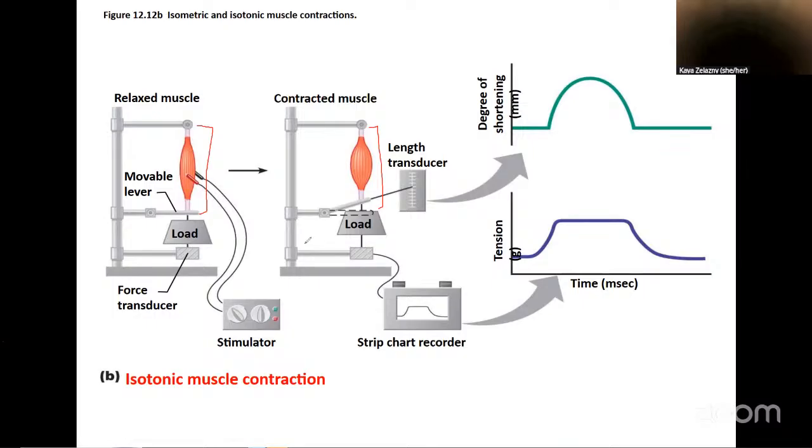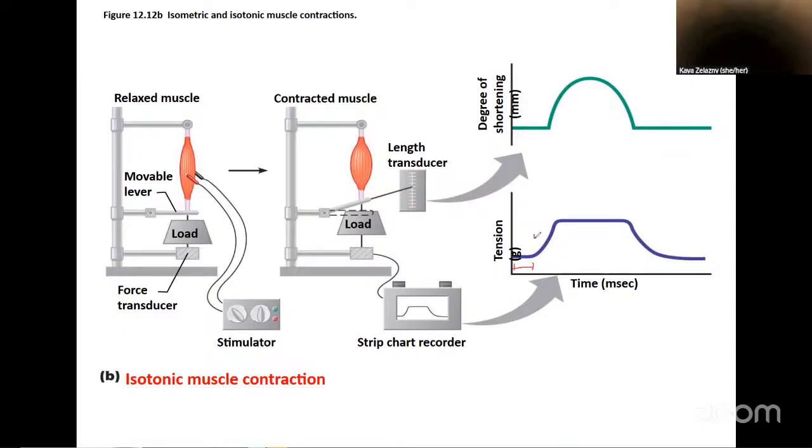So over time, right, we can see that our tension graph looks a little different than our initial picture of what a twitch looks like. Right, so we still see that we've got a latent period, so we've got our time lag.